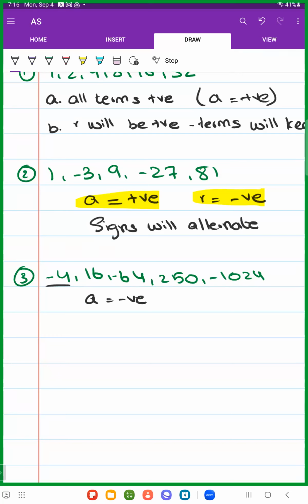What will be R in this series? Negative. What is the value? -4. Yes, negative 4. So R is negative. When A is negative and R is also negative, then also signs alternate.